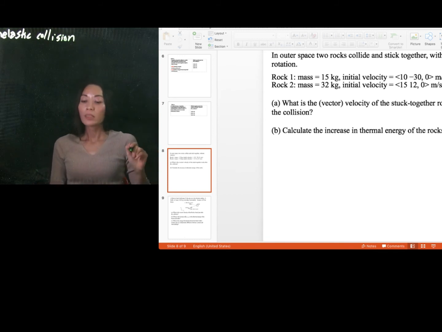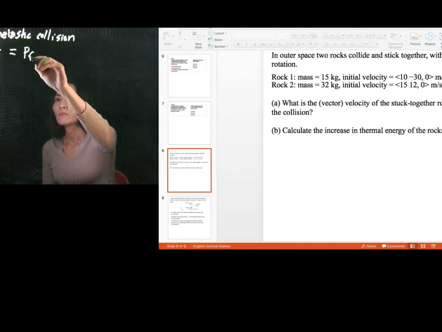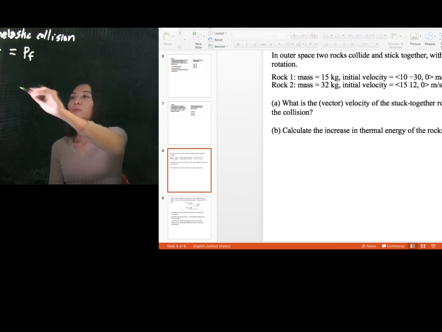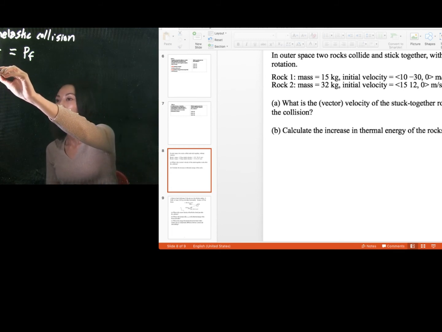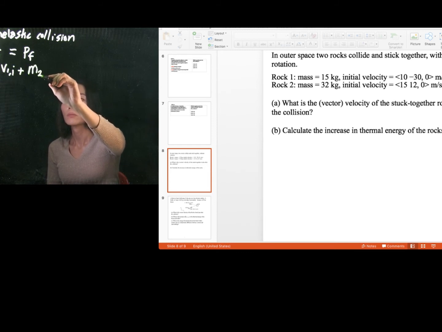But momentum is conserved, so we can now write the momentum principle where P initial is equal to P final. Initially we have the momentum of the first rock, M1 V1 initial, plus the momentum of the second rock, which is M2 V2 initial.